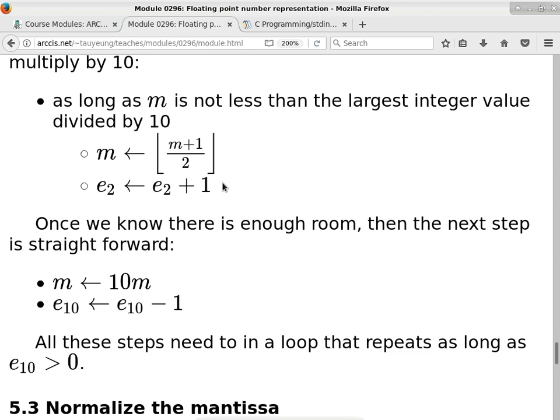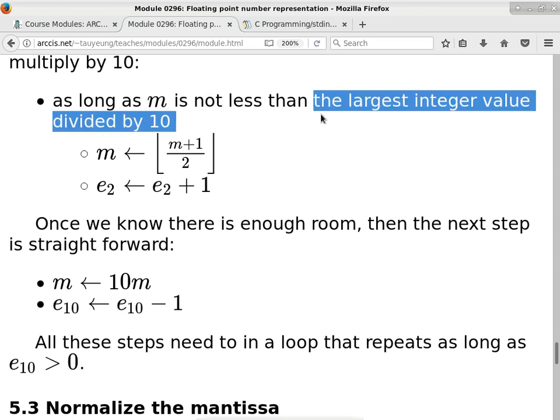So let's take a look at this code here. It says as long as, remember that means while, m is not greater than or equal to the largest integer divided by 10.